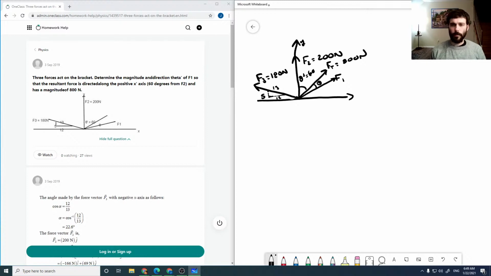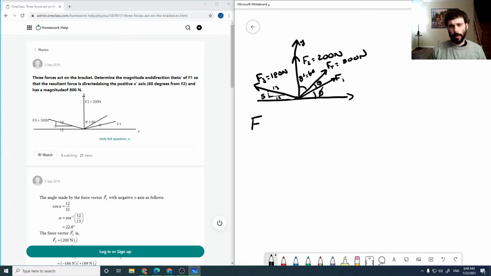Okay, so first of all, I'm going to drop that there and say that's phi. And so let's figure out all our vectors here and then figure out what our total would be.